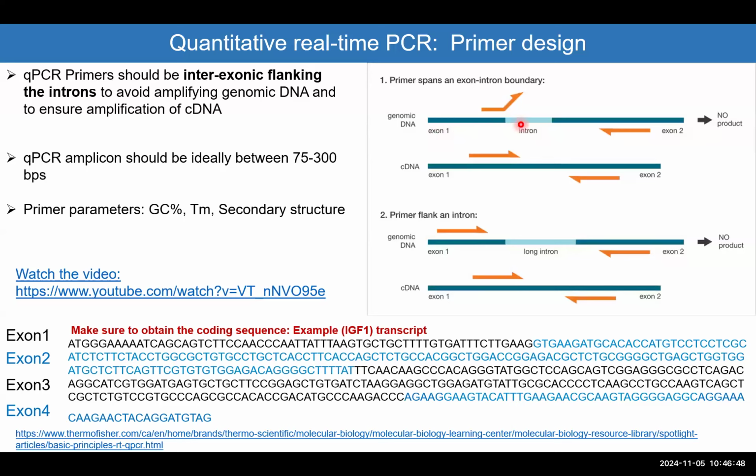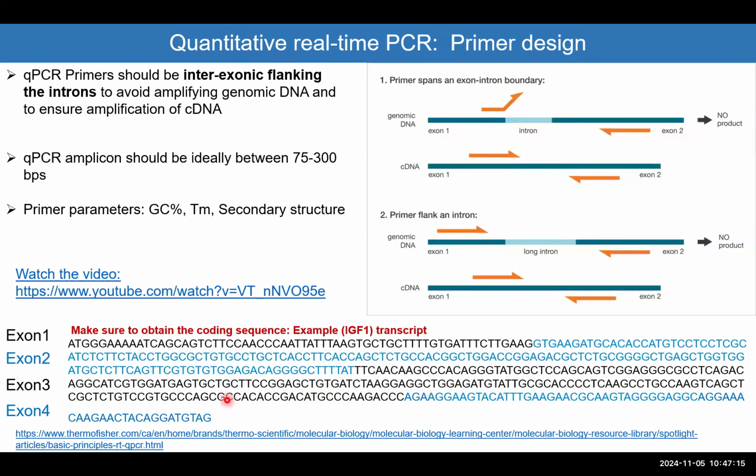So if we have exon 1 and 2 here, one primer forward, one primer back. But if you have more than one exon, 1, 2, 3, 4, you can make any combination. You can use, let's say, exon number 2 as a forward. You design a primer here going forward. And then you can use exon number 3 as reverse.